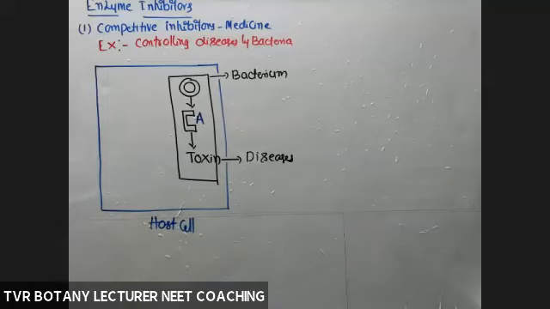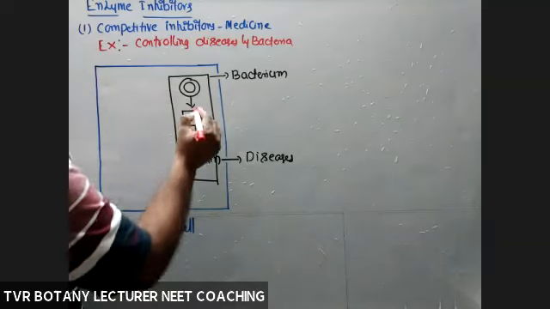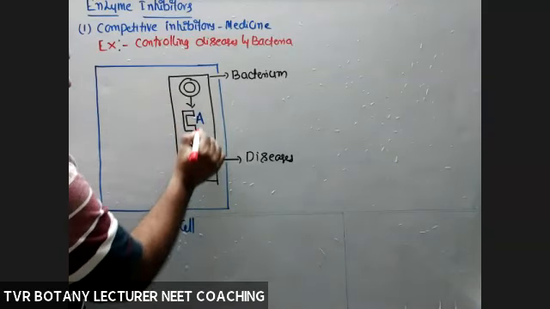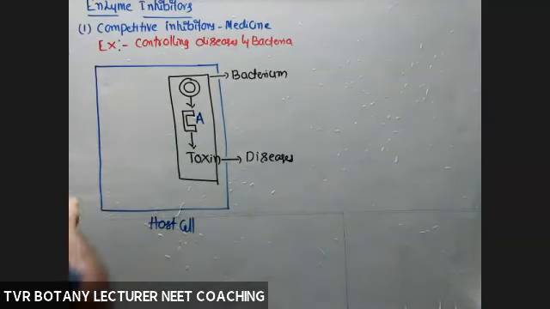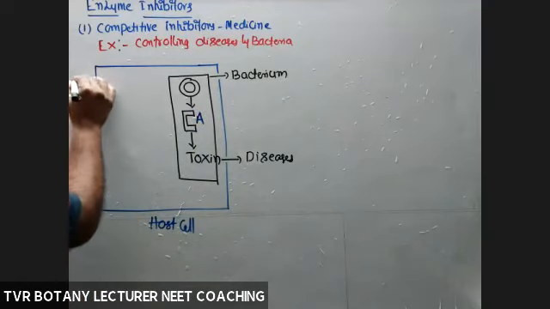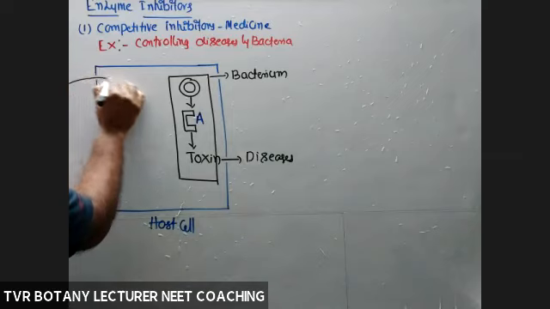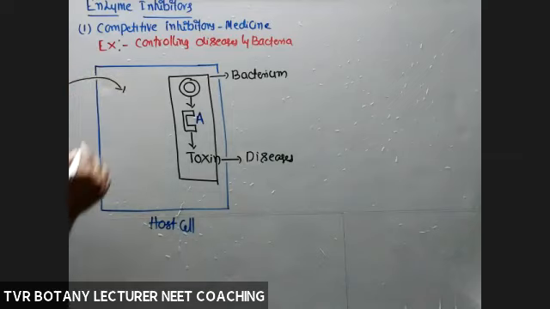So how to control this disease? Here, the substrate concerned with the synthesis of toxin is A. Now, as your doctor, introduce or inject a chemical that is morphologically similar to A.